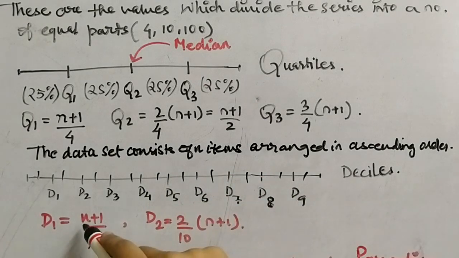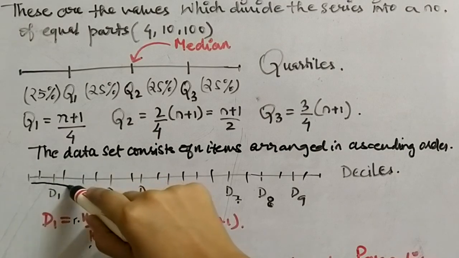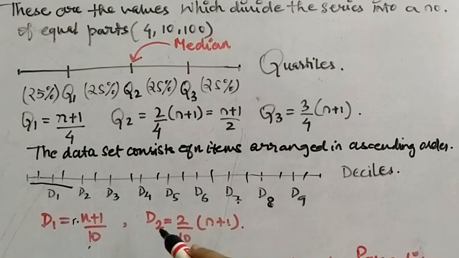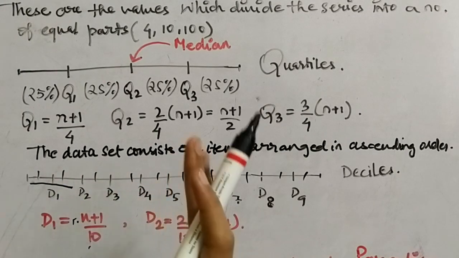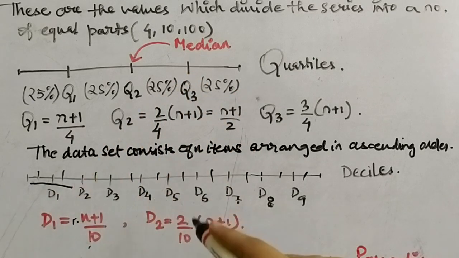So 1 by 10 into n plus 1. Okay? And in case of D2, the total segments below which D2 lies is 2 by 10. D2, 2 by 10. Okay? And n is obviously the total items that consist the data set.